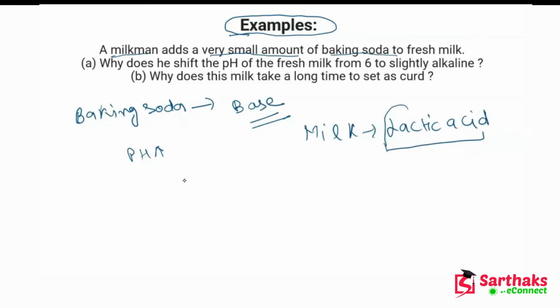Now let's answer the second question. Why does this milk take a long time to set as curd? When you mix baking soda, a base, inside the milk, why does it take a long time to set as curd? The answer is that the lactic acid formed in the milk has to first neutralize the alkali present in it, because we have mixed baking soda in it, and this is a base.